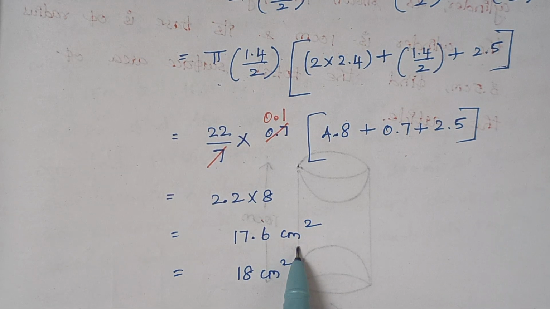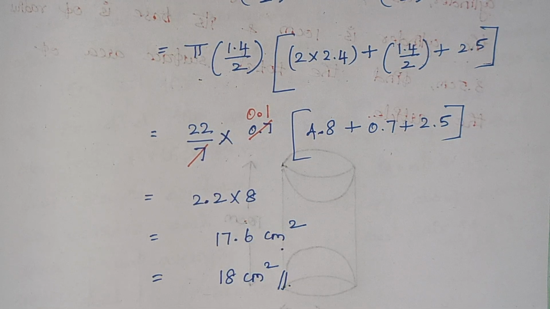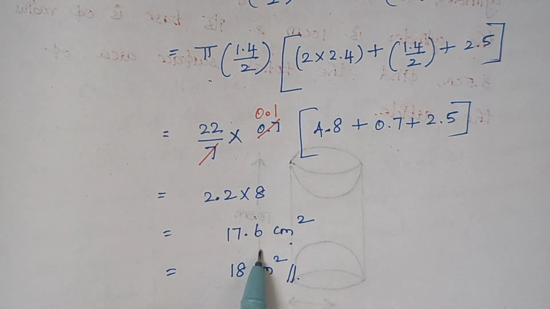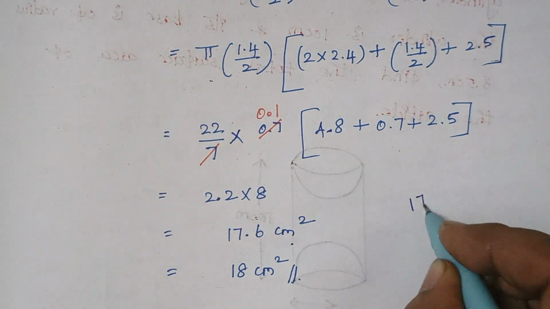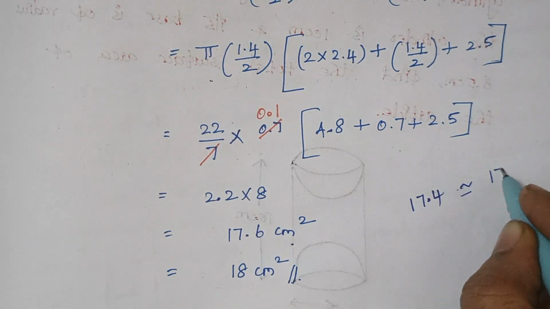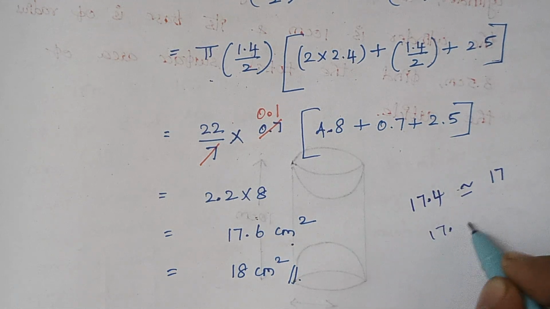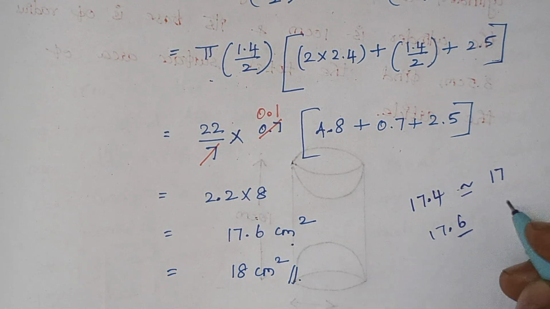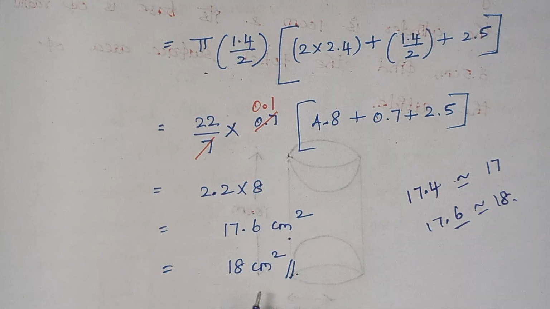But in the problem they asked to find the surface area to the nearest centimeter square, so we have to round this off. If it were like 17.4, we would round it to 17. Since it is 17.6, that is greater than 0.5, we round it off to 18. So the answer is 18 centimeter square.